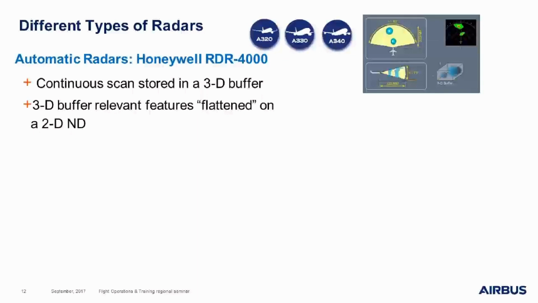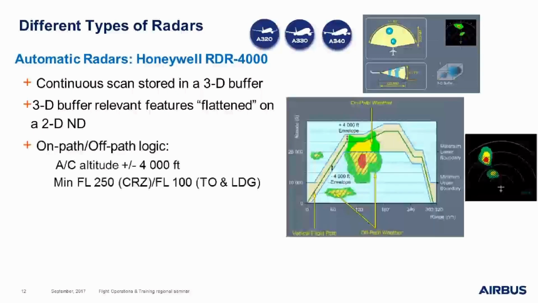It means that the image that you have on the ND represents in fact the worst weather for all flight levels. In order for the pilot to be able to distinguish what is vertically close to the aircraft from what is more far away, the RDR 4000 uses a logic of on-pass, off-pass.